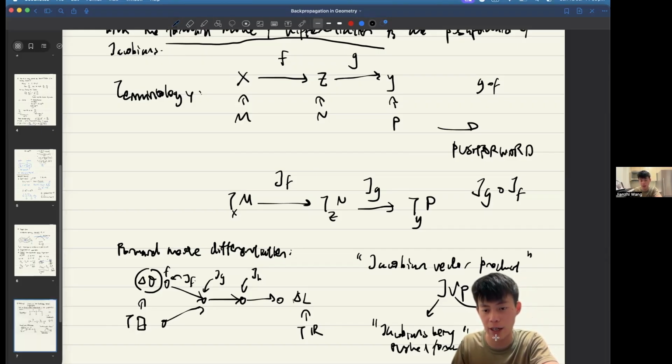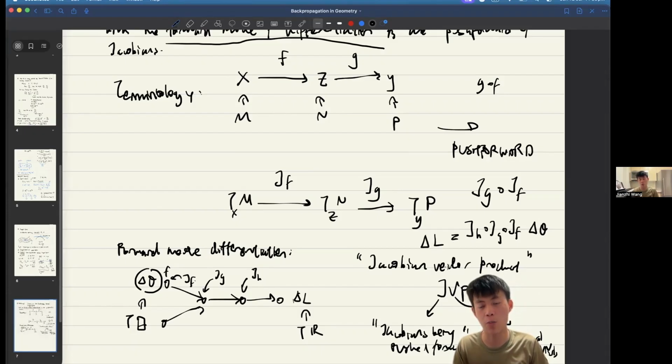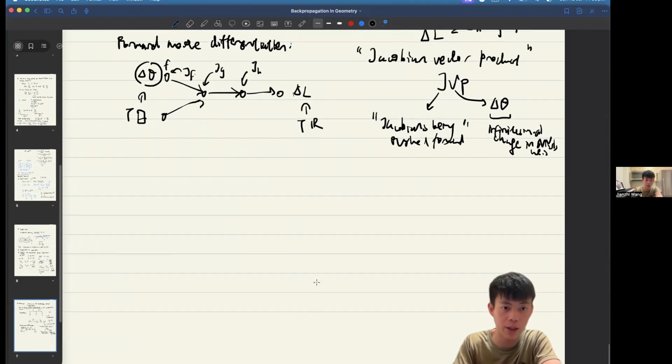So it's some infinitesimal change in the neural network weights. And we are doing a product because we are precisely doing the Jacobian composed together multiplied by the infinitesimal change in theta, and this should give us the infinitesimal change in output, right? So that's why it's called the Jacobian vector product.